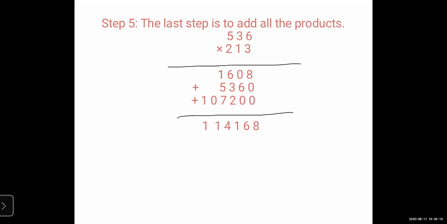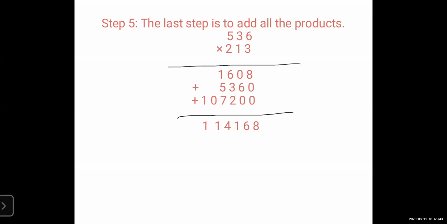Here in this example, we will add all the products, that is 1608, after multiplying the units place, we'll get that. 5360, we have got this value after multiplying the tens place, and 1,07,200, we have got this value after multiplying the hundreds place, means after multiplying the 200s. Okay, so let's add all the products, you will get the final answer.